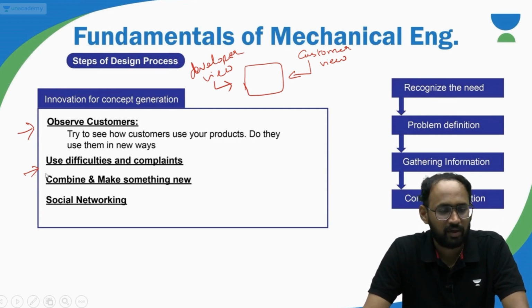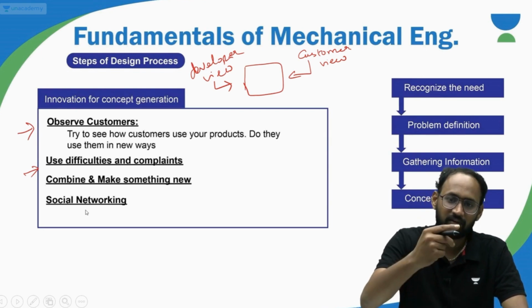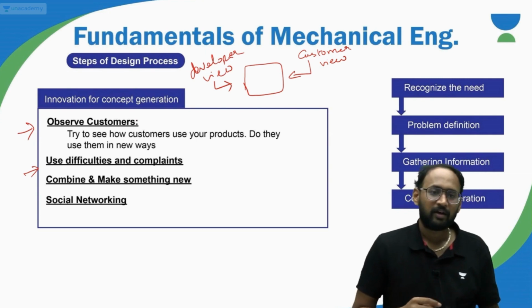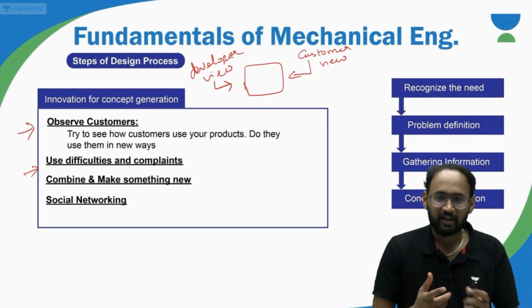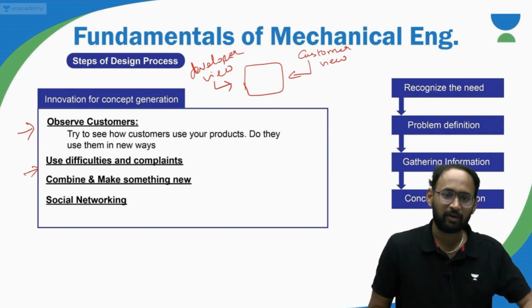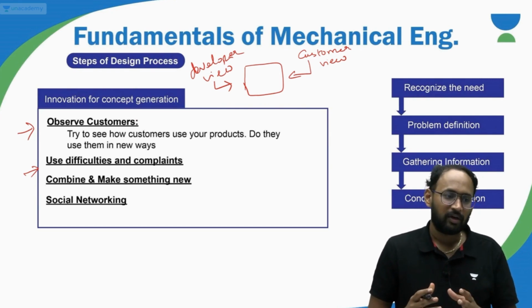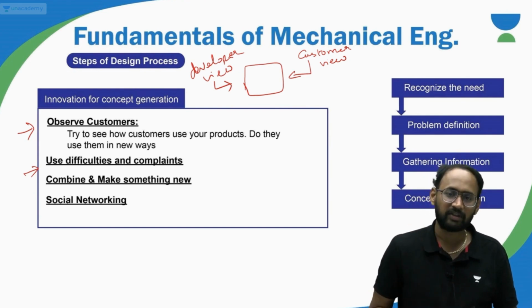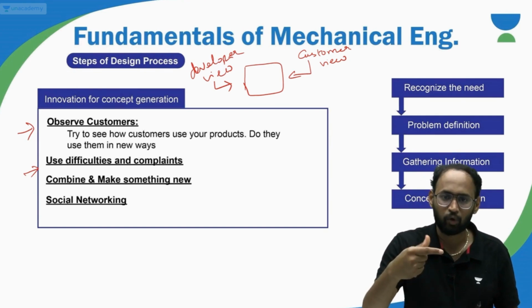Let's take an example of a gas lighter. A traditional gas lighter where you have to press it. For example, now most of the people using the gas lighters are finding it difficult to press it. Maybe it requires a larger force to press it.